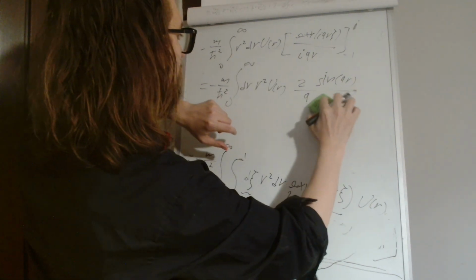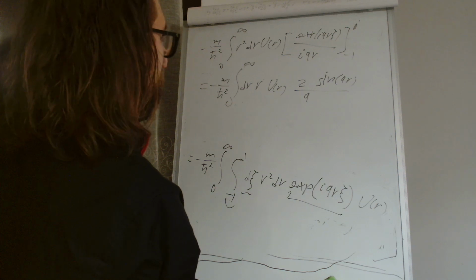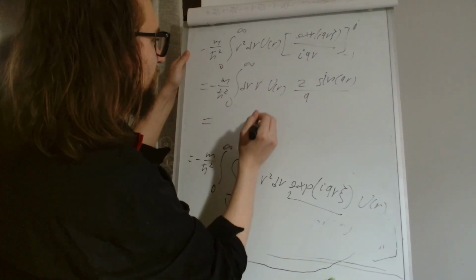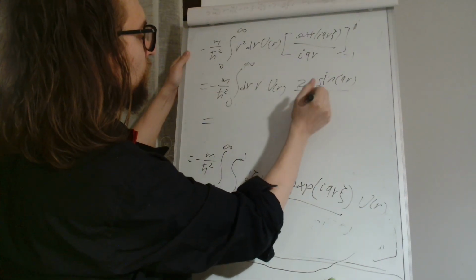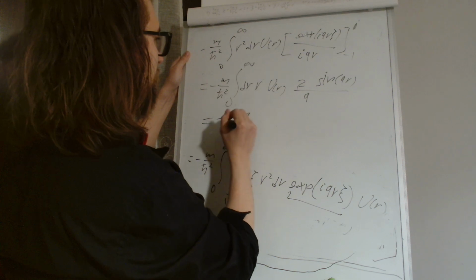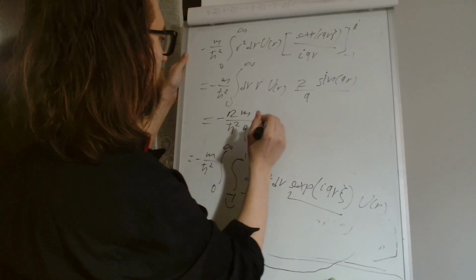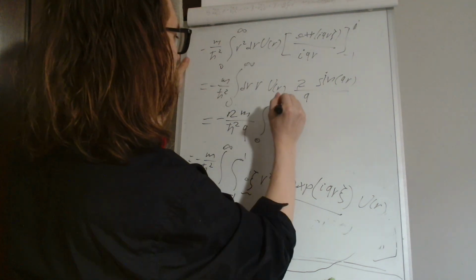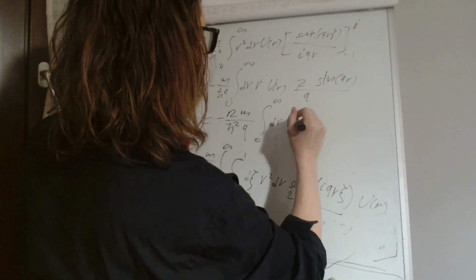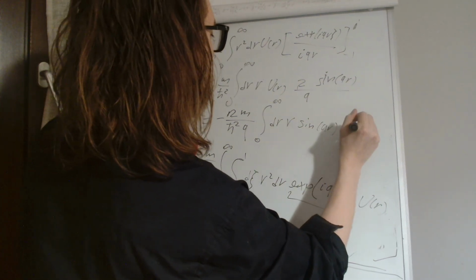Then you can simplify here, and you can now bring out of the integral. So you now have 2m divided by h bar squared q, integral from 0 to infinity of dr r sine of qr u of r.